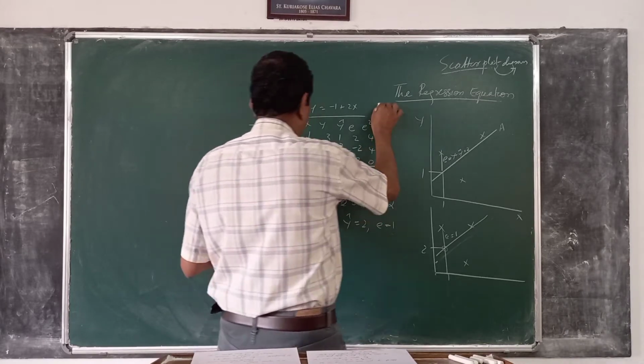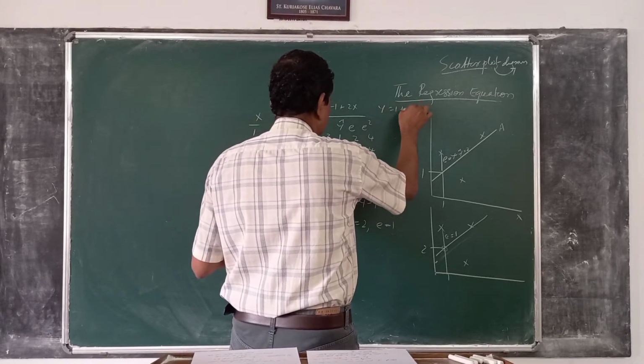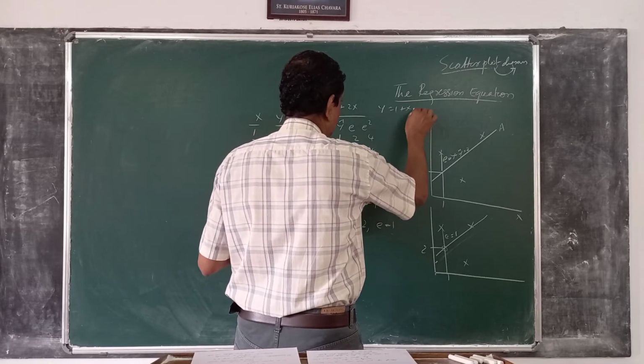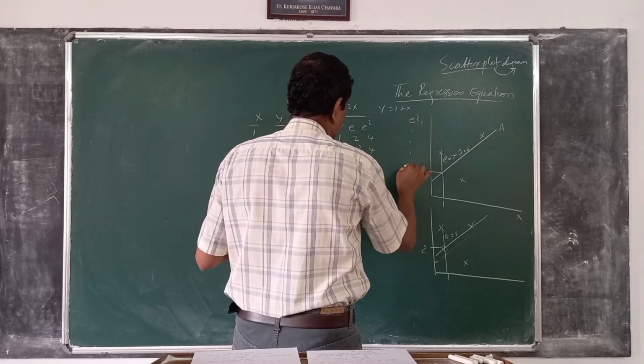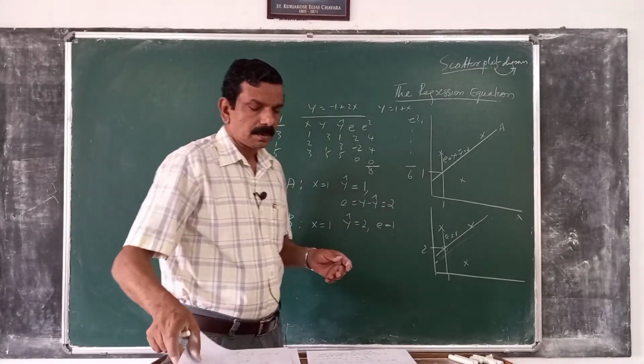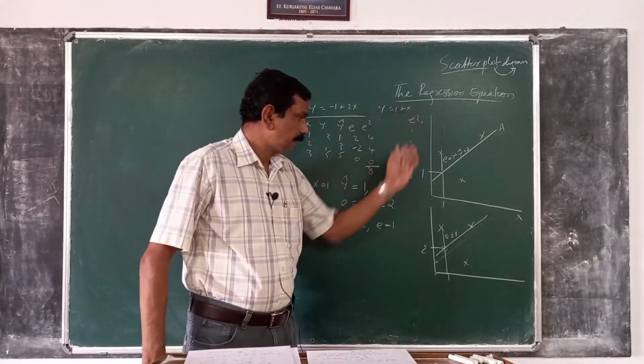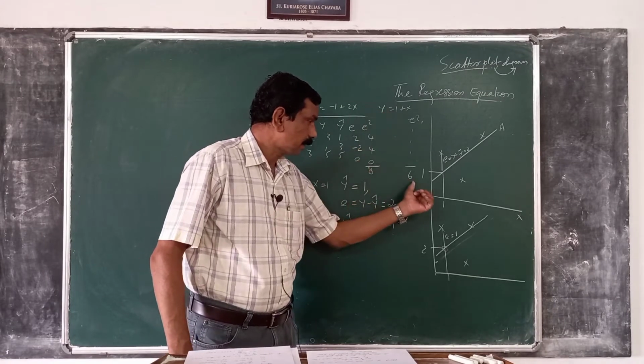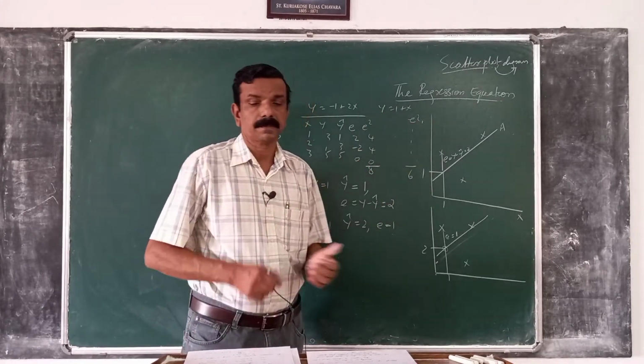If you use the second equation, y is equal to 1 plus x, you will get the sum of e square as equal to 6. You can do this. Now suppose that you fix another line, you will get another value for e square, etc.